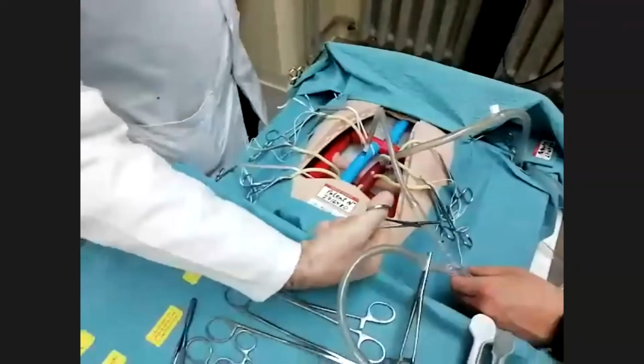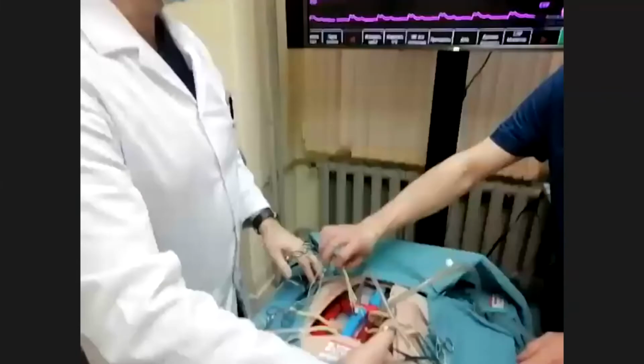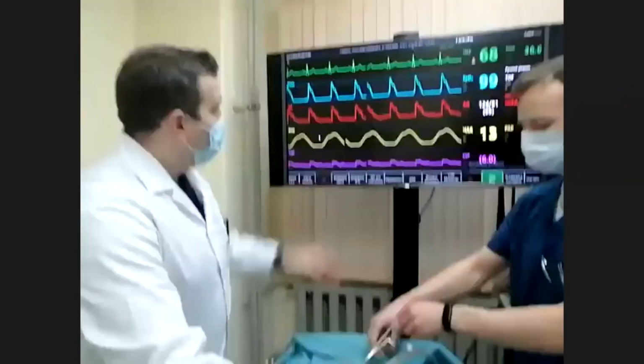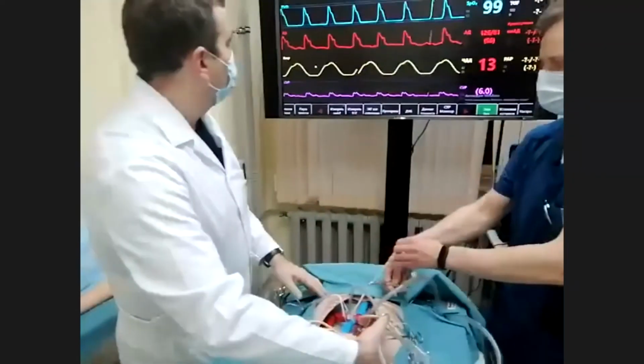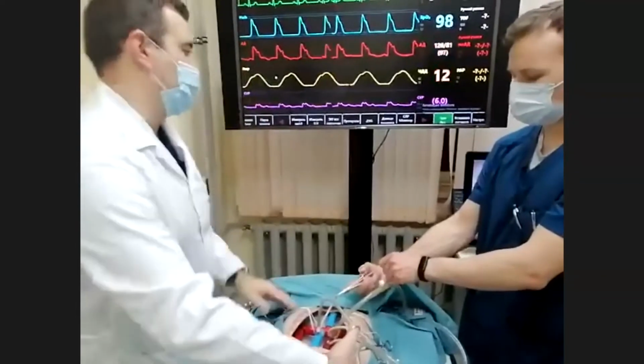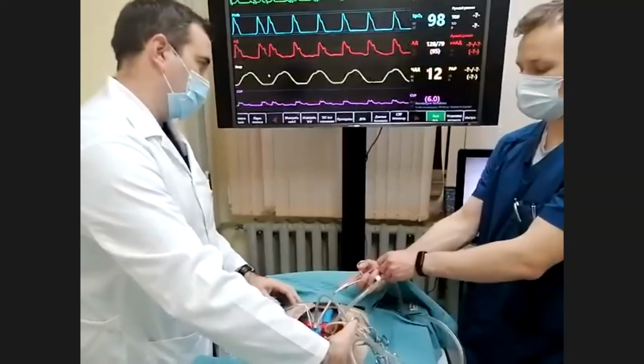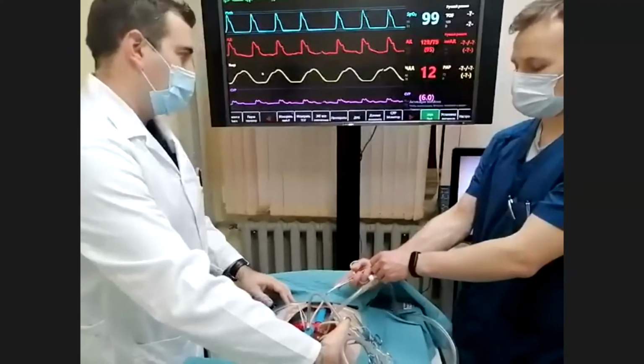The reading, the temperature, 36 degrees. Then the reading, sinus, the hemodynamics, stable, the contractility of the myocardial function.